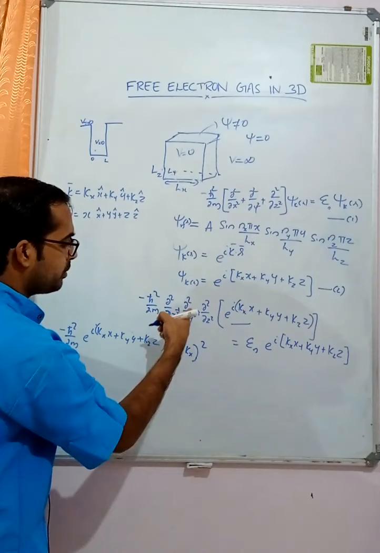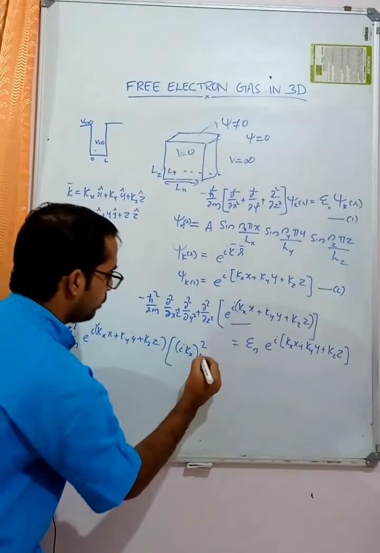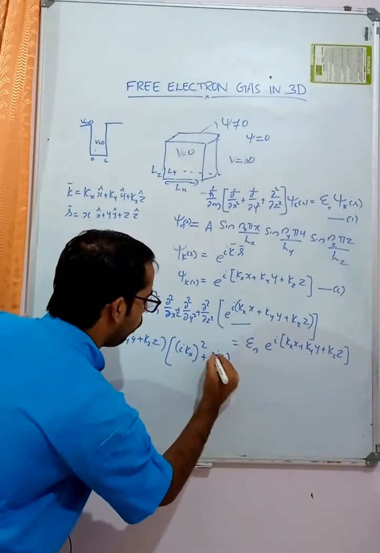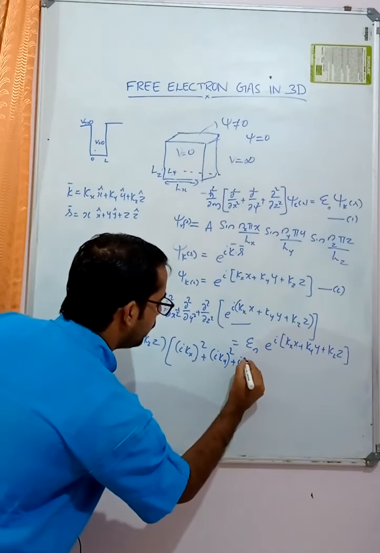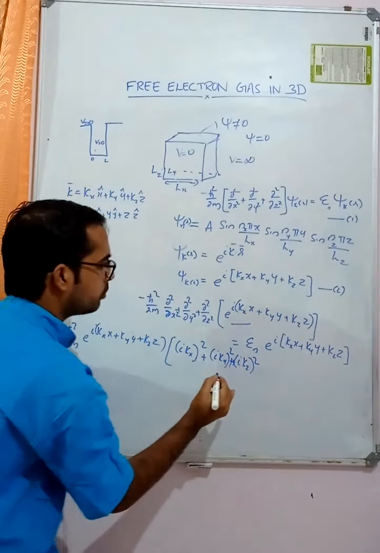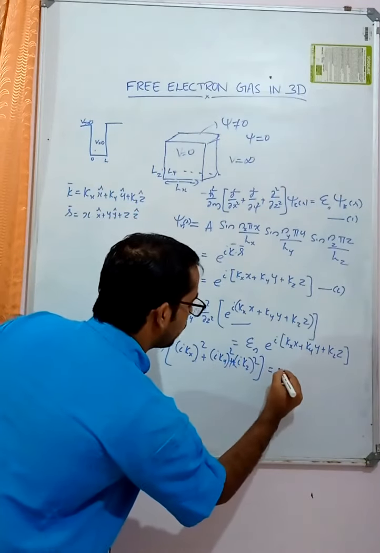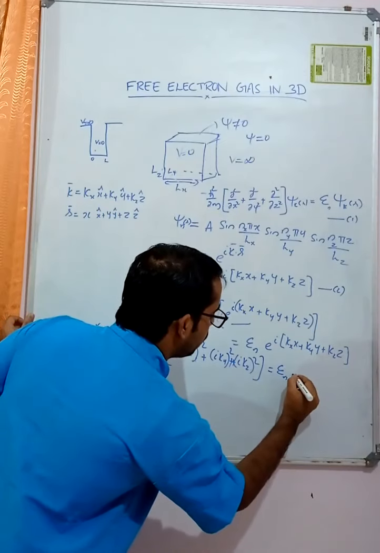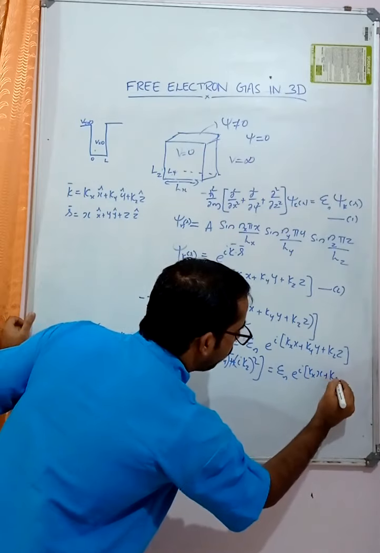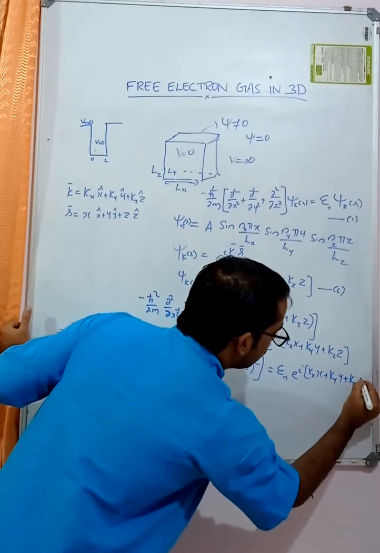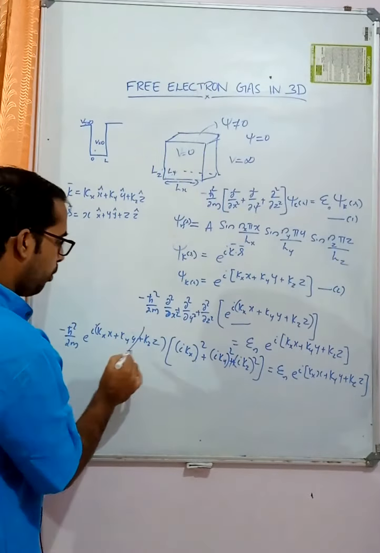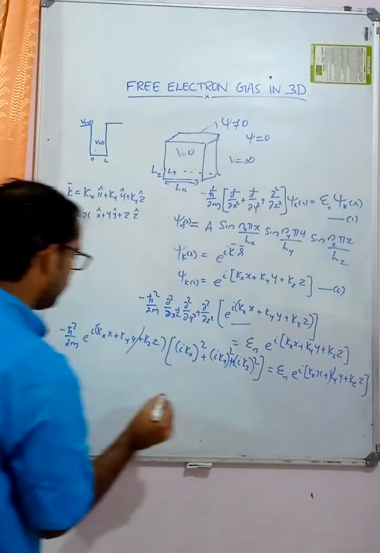Similarly, when you take the second derivative with respect to y, this will be plus (i ky) whole square, plus (i kz) whole square, is equal to En e raised to i (kx x plus ky y plus kz z). So you can see that these two terms are common.